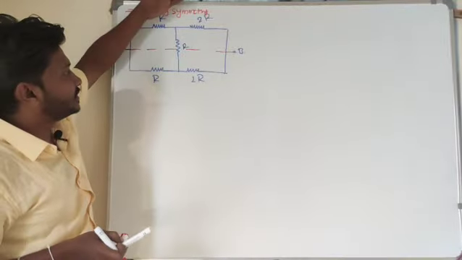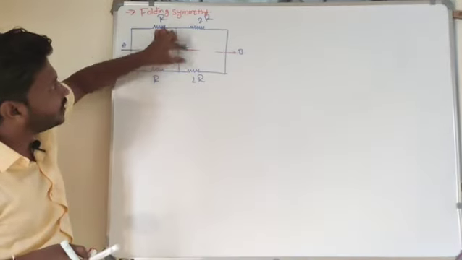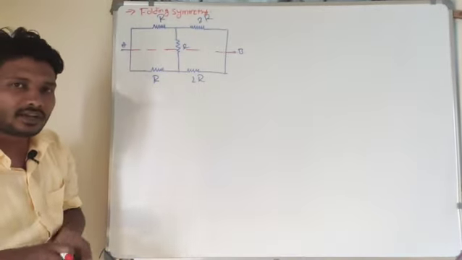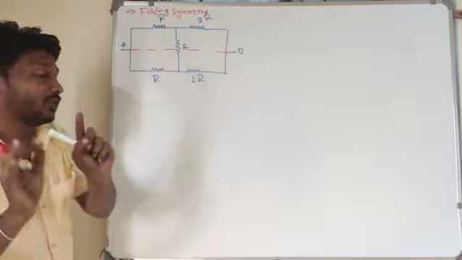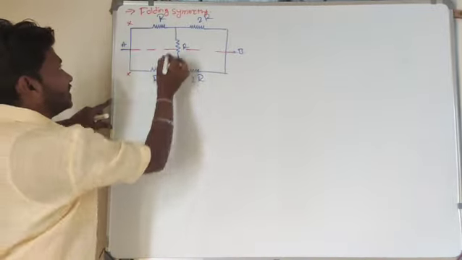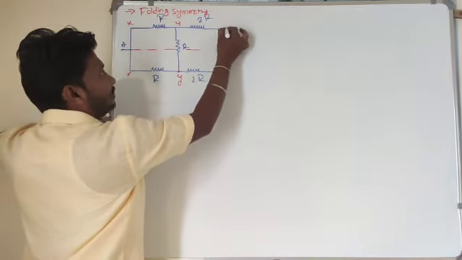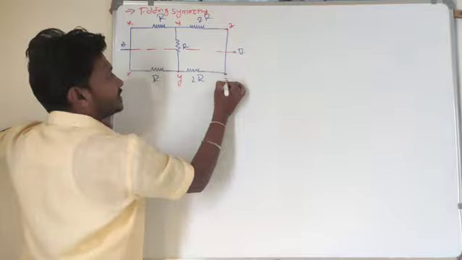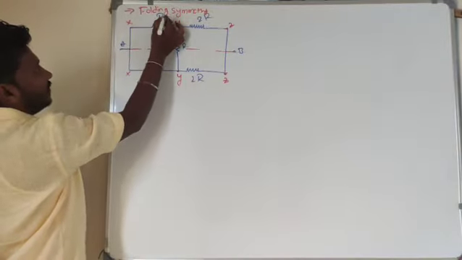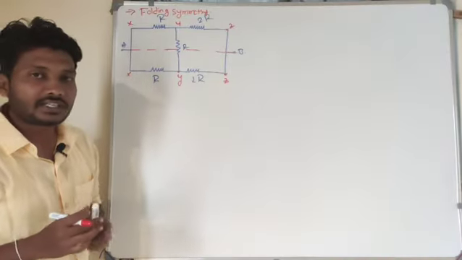In case of folding symmetry, if I fold this page, R will again meet R here. Here 2R is there, here also 2R is there. Now I will give the potentials. For example, if the potential is X here, then here also X, and here potential Y, at this point also potential Y, and here potential Z. Between X and Y, resistance R is there. Here also between X and Y, resistance R is there.